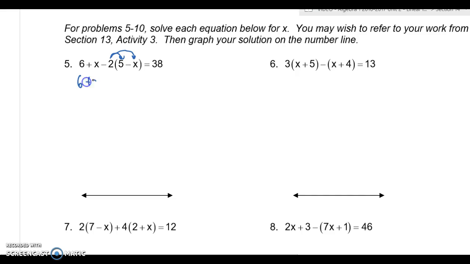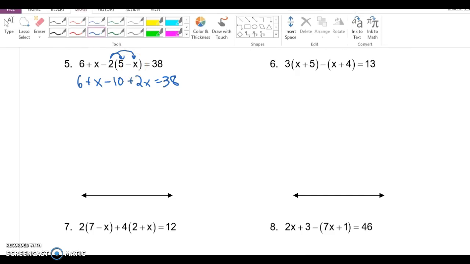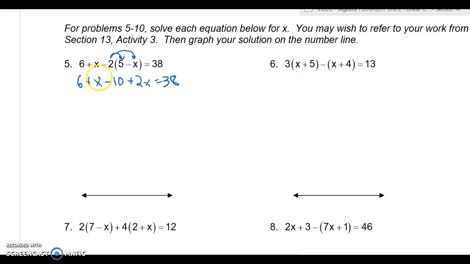So I have 6 plus x minus 10 plus 2x equals 38. And again, I'm getting that from distributing negative 2 to both those terms. My next step is to combine like terms. I have a 1x and a 2x, that's a 3x. And I have a 6 and a negative 10, that's negative 4.